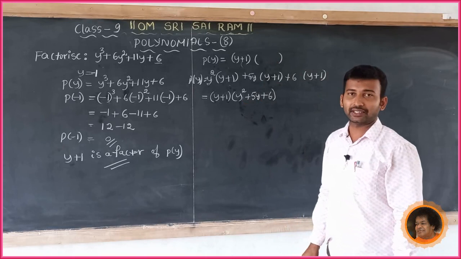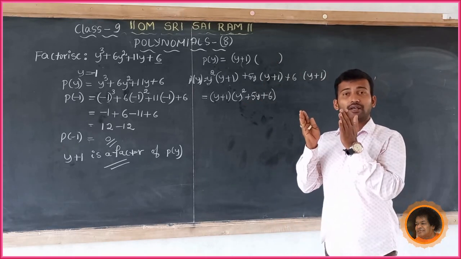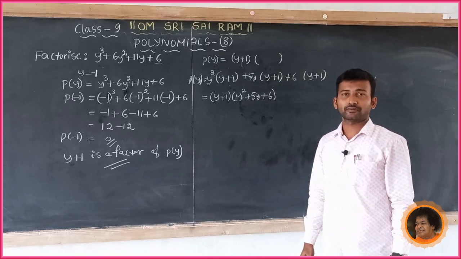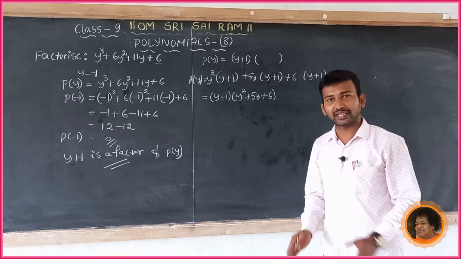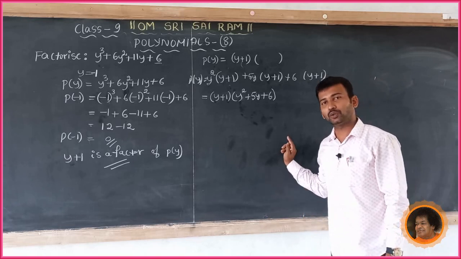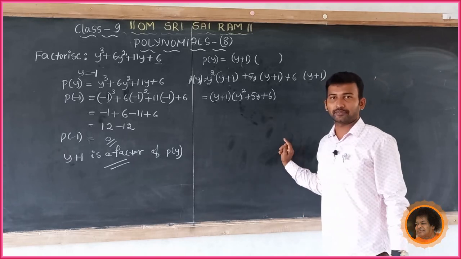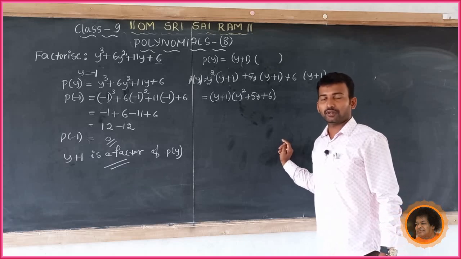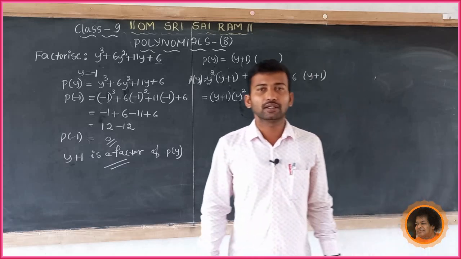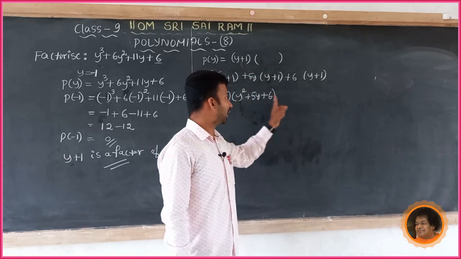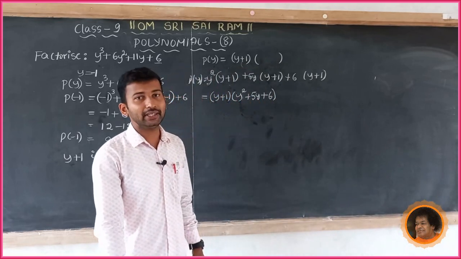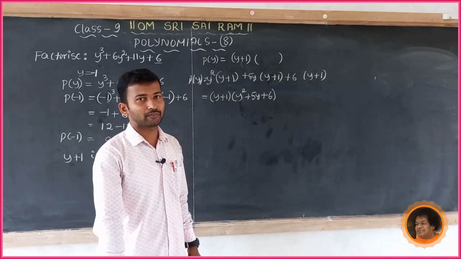We already studied how to factorize a quadratic polynomial. Yes, by splitting the middle term, or we can use the factor theorem once again. We can find the factors of a quadratic polynomial by splitting the middle term.